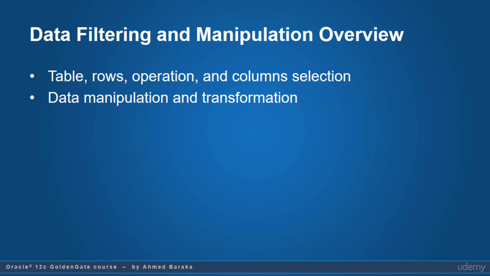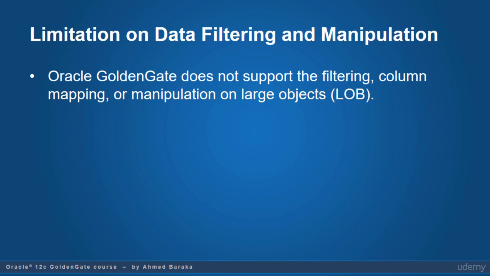However, in most scenarios, data filtering is configured in the replicate process side. You will learn how to perform all of that in this lecture and in the next lecture as well. Oracle GoldenGate does not support filtering, column mapping, or manipulation on LOB data types.